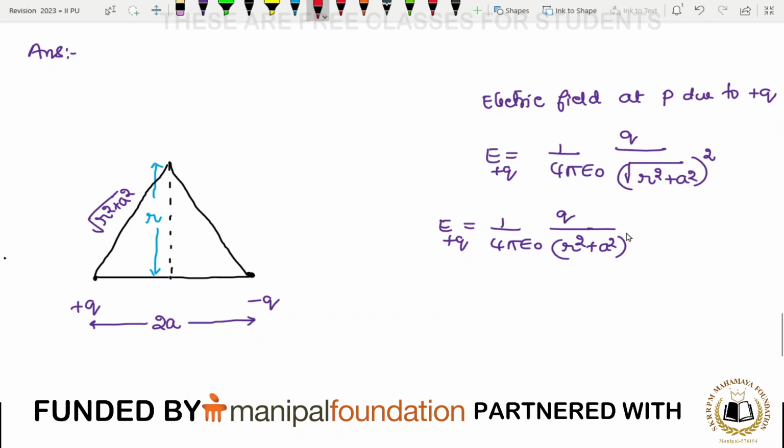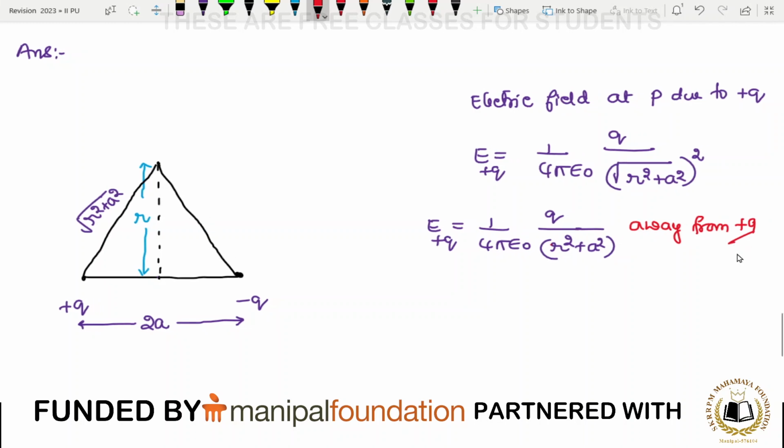Positive charge, the direction is away from the charge, away from plus Q.